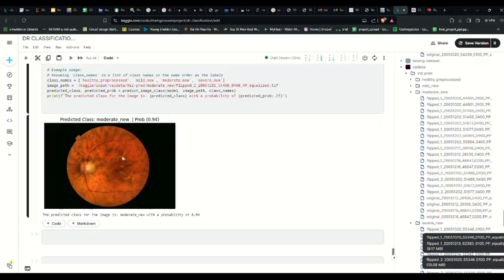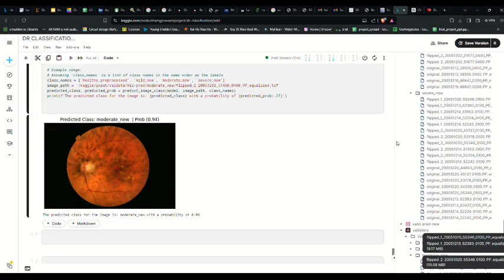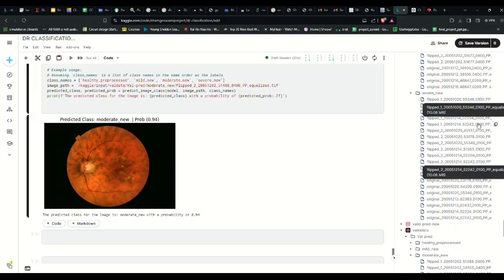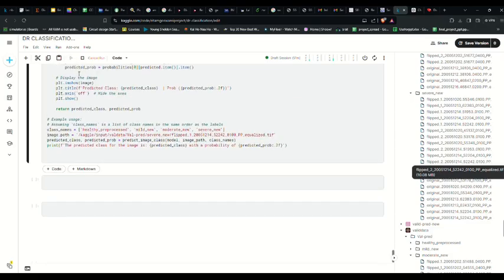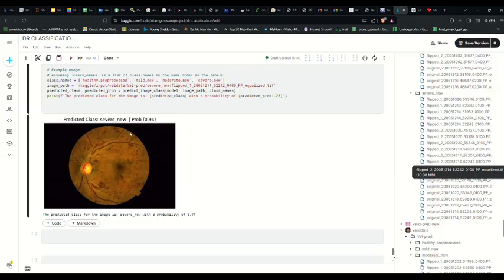So yes, it correctly specifies the class as moderate with a probability of 94%. For a severe image, again our model correctly specifies the class as severe with a probability of 94% this time. Thank you.